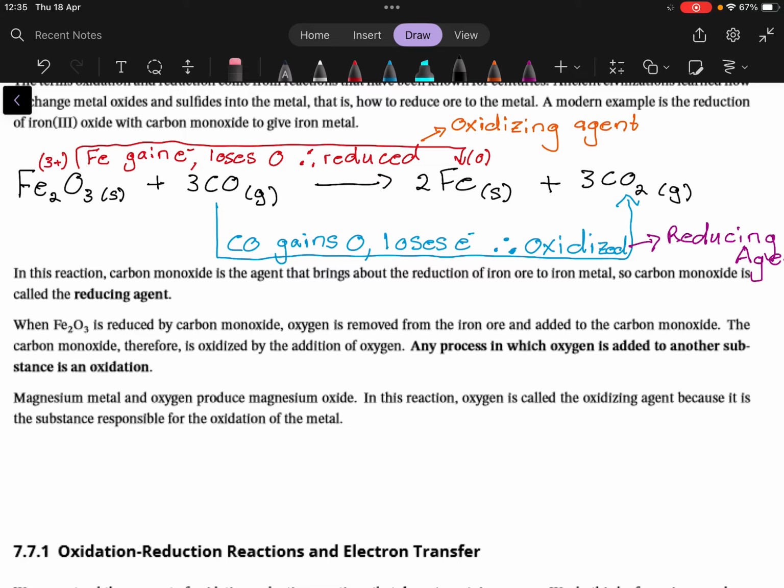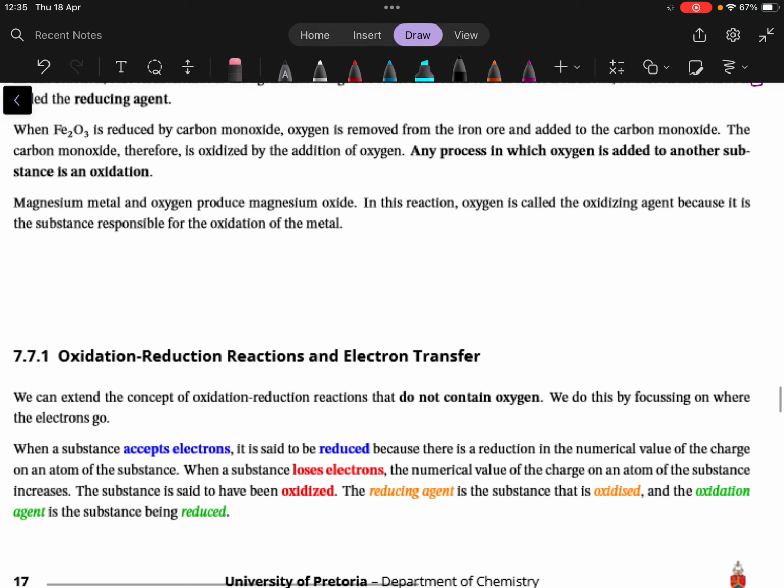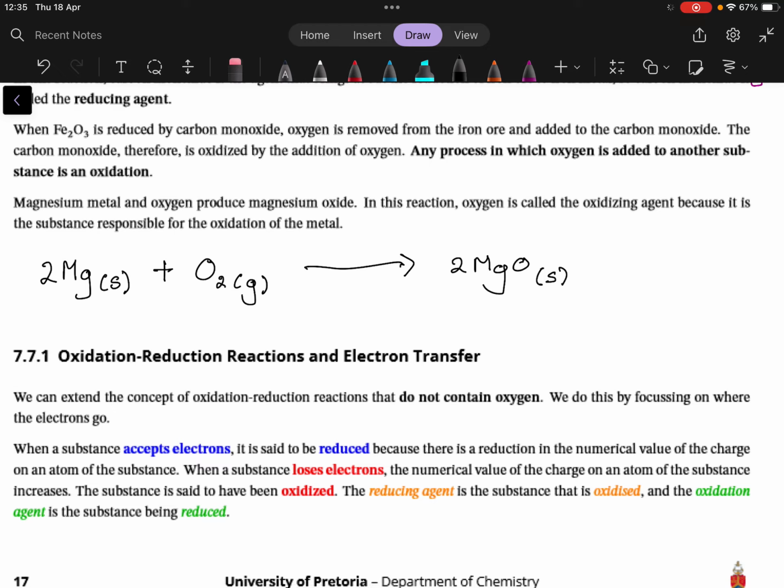Another common example is one where you have solid magnesium, and you burn it in oxygen, which then produces magnesium oxide, which is a solid. So again, we need to ask ourselves what's happening to the magnesium.